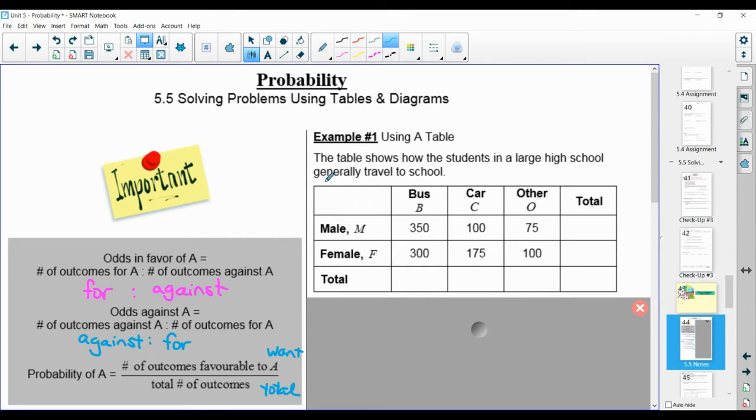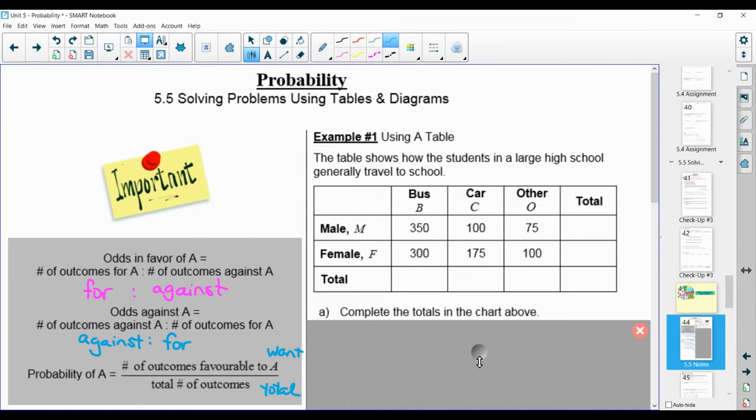All right, so this first example says that the table shows how the students in a large high school generally travel to school. The first thing we're asked to do is to complete the totals in the chart. If I add these all up, 350 plus 100 plus 75, I'm going to have 625. 300 plus 175 plus 100 is 575.